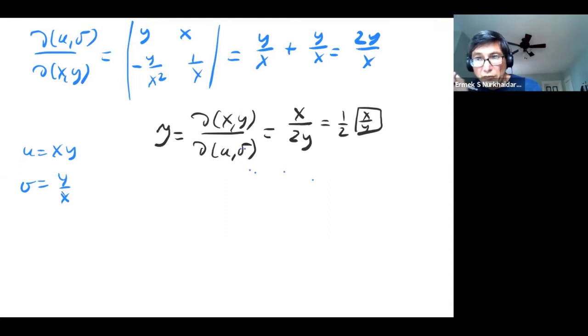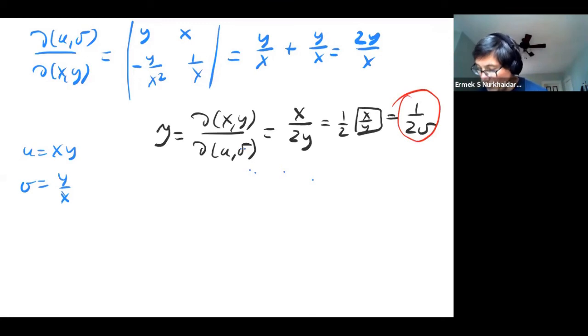For this Jacobian, we don't have to, because you recall that y over x is v, so x over y is 1 over v. So we're going to get 1 over 2v. And that is our Jacobian.